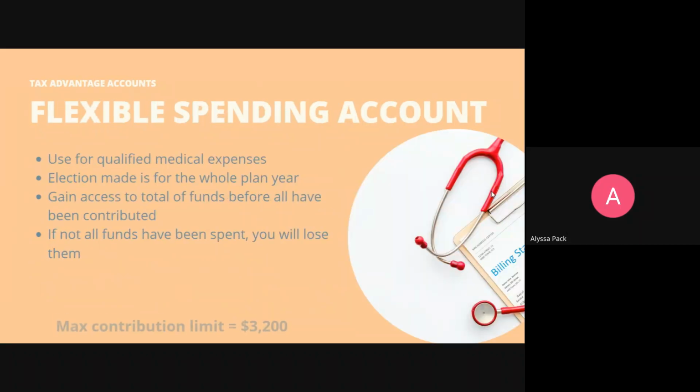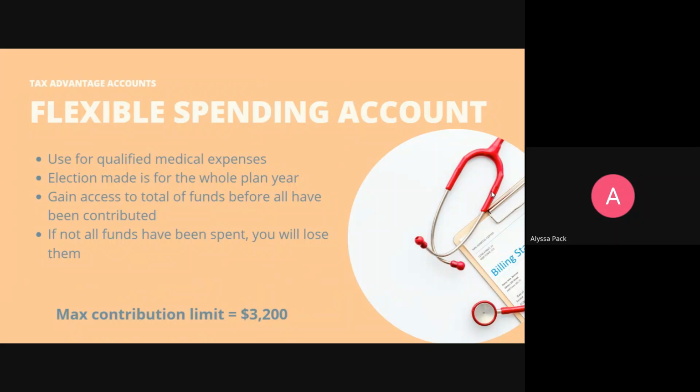Our flexible spending account is a medical account. If you're not utilizing an HSA, you are eligible to use, again, an account for any medical expenses. The election you make is made for the whole plan year. You're not able to change it, so definitely keep that in mind. And when you do elect a certain amount, on September 1st, you gain access to your full annual contribution. So say for the whole year, you would like to contribute $1,000.